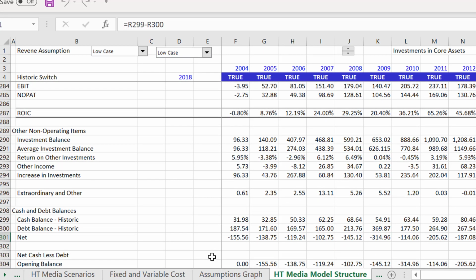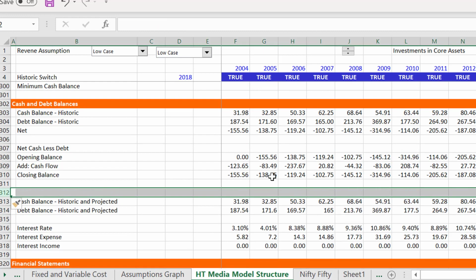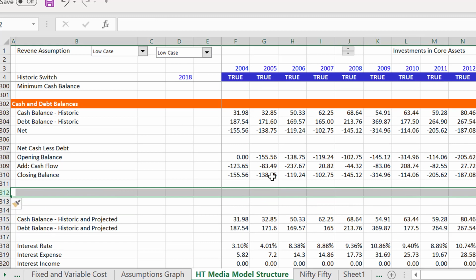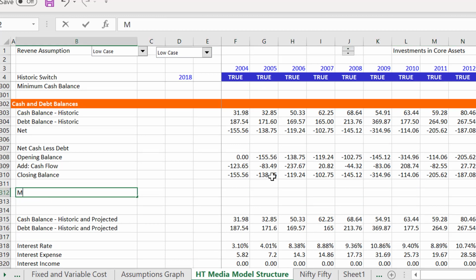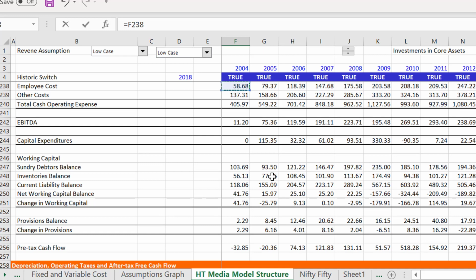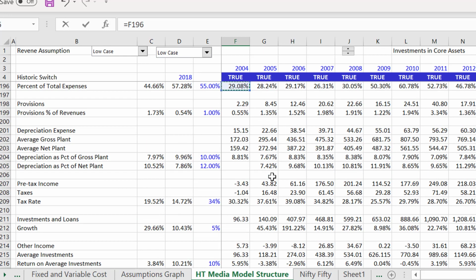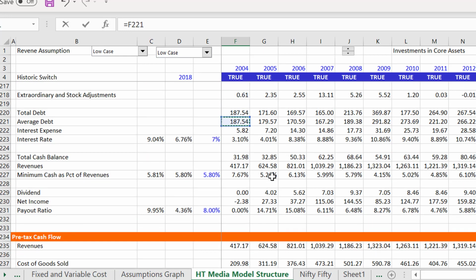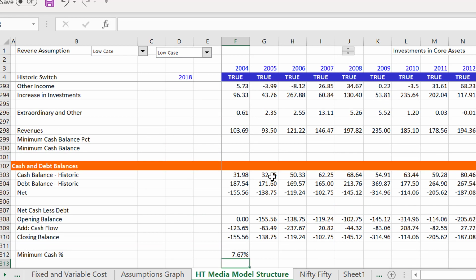So we have a cash balance here, and then let's first put just the minimum cash percent maybe of that, and get our assumption. Okay. I seem to be going a little bit slowly on these.